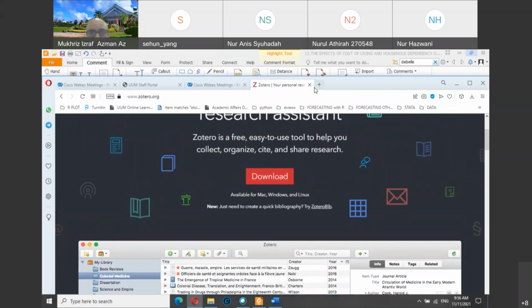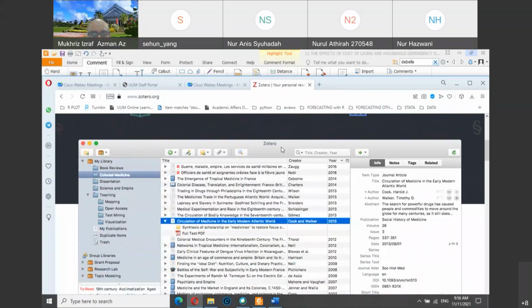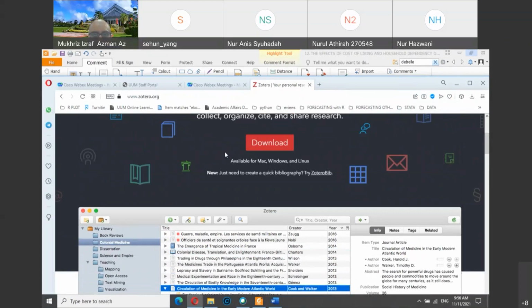It's very simple, just 2 or 3 steps, but it is very handy and very useful, especially towards the end of your project, when you want to export every article that you refer to in a nice sequence, and the referencing style is all arranged already.